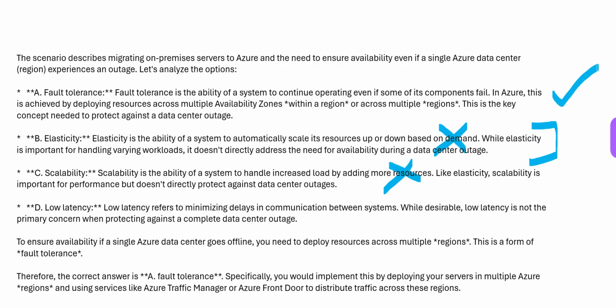That means the system will continue to operate even if some components fail. For example, in an aircraft, there are two engines. If one engine fails, still the plane will not crash. They will still land using the other engine. So that is called fault tolerance.